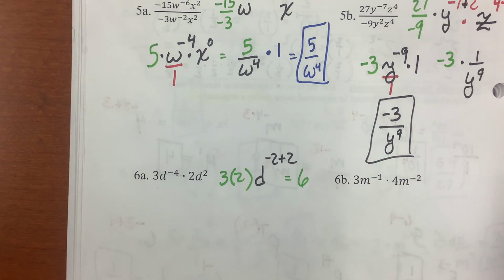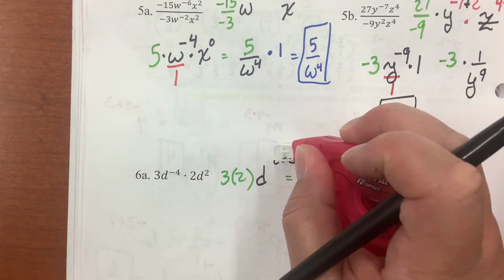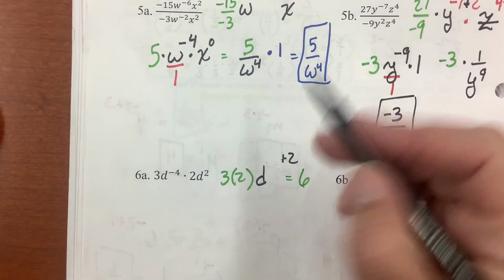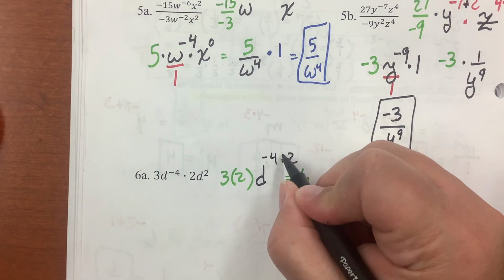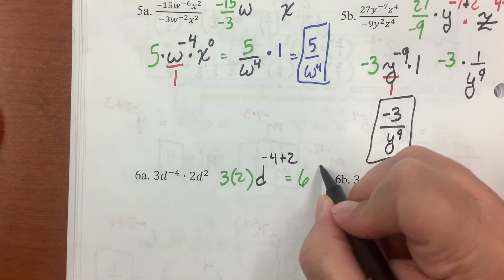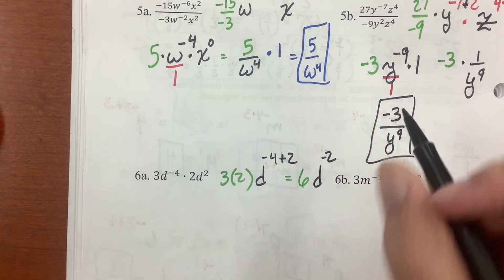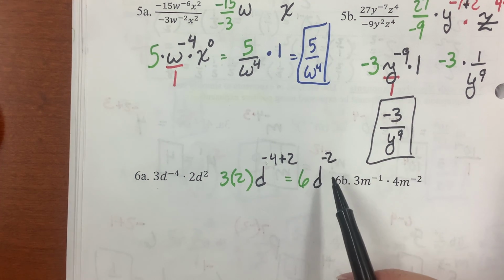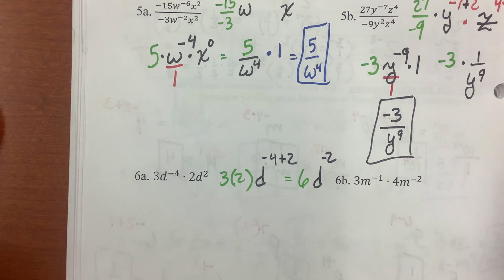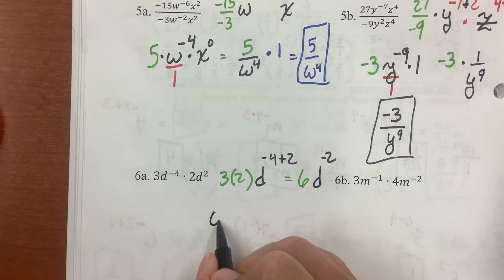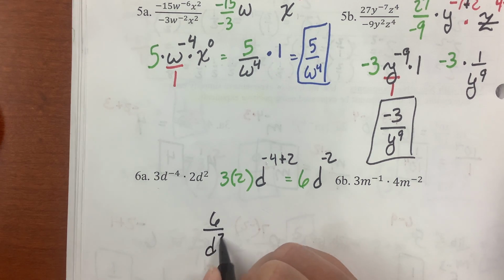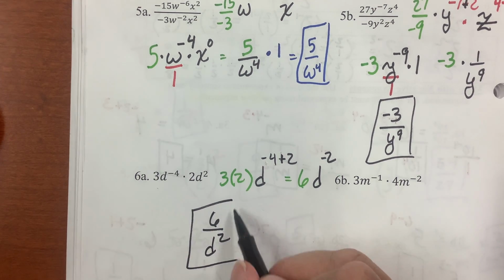I wrote negative 2 plus 2. It's supposed to be negative 4 plus 2. Negative 4 plus 2 is d to the negative 2nd power. And remember, when it's a negative, it goes in the denominator. So I get 6 over d squared. And that's it. Not too bad.